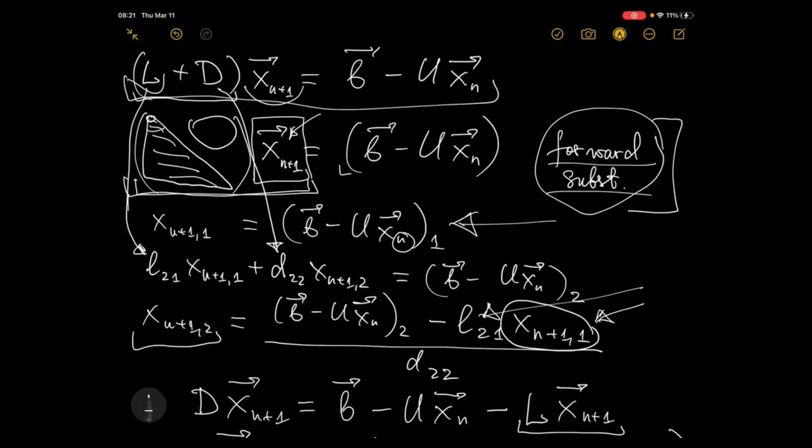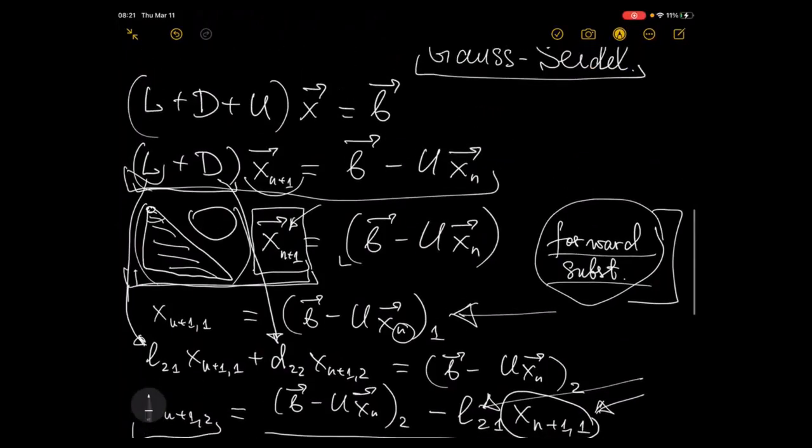Okay. I was just wondering, could you go over again what the subscripts 1 and 2 mean on the right-hand side? Sure. So you see, what is x_{n+1}? It's x_{n+1,1}, then x_{n+1,2}, and so on till the nth component.